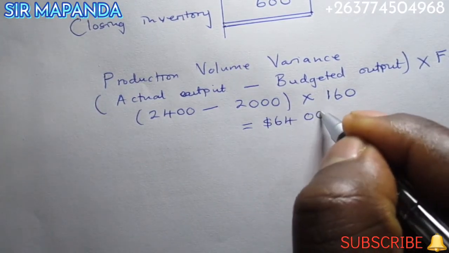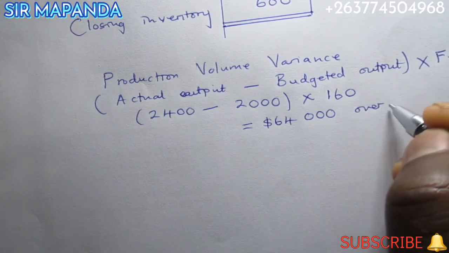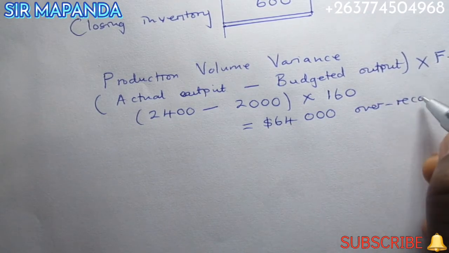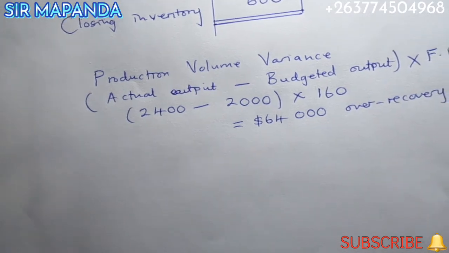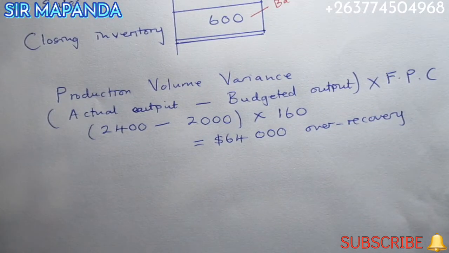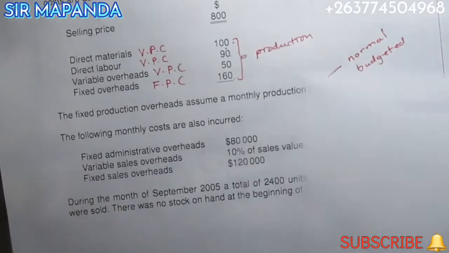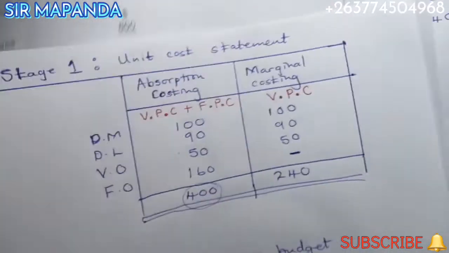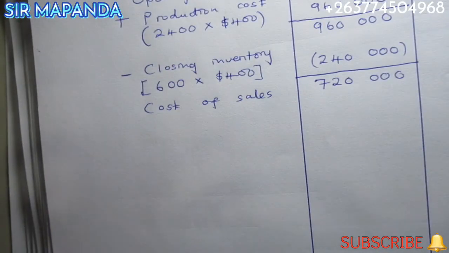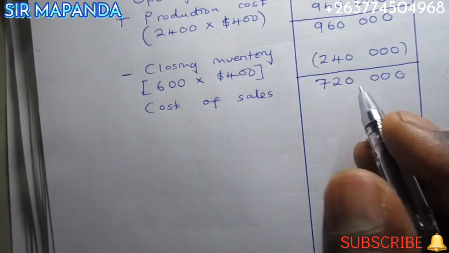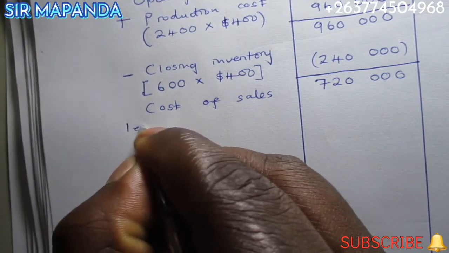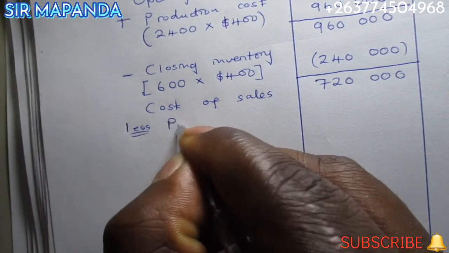So since the 64,000 is positive, it simply means we have over recovery, which is income. So over recovery is treated in two ways. Either you treat it as income, or you deduct over recovery from the cost of sales, right? So remember, in our income statement, we obtained the cost of sales of 720,000. So I'm going to less production volume variance.